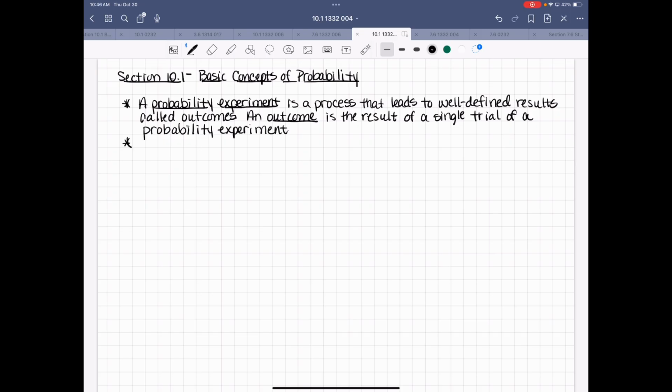Okay. A sample space is the set of all possible outcomes of a probability experiment.